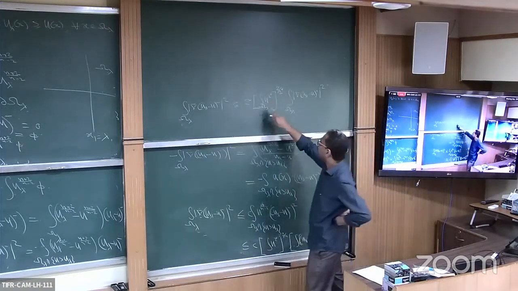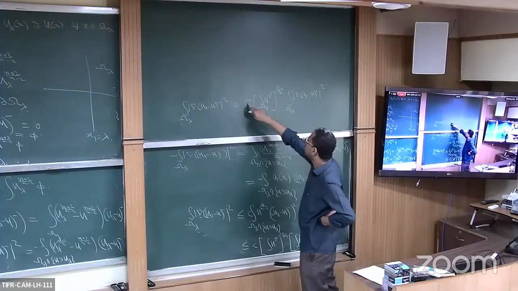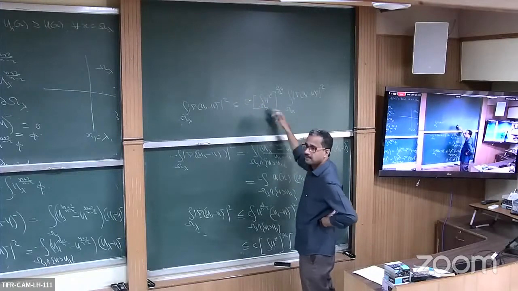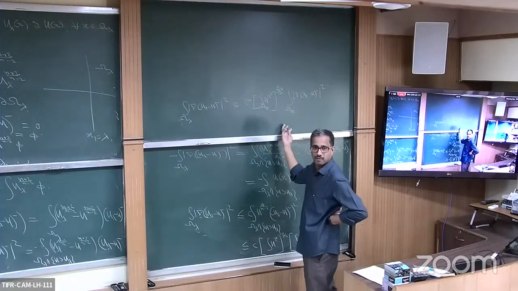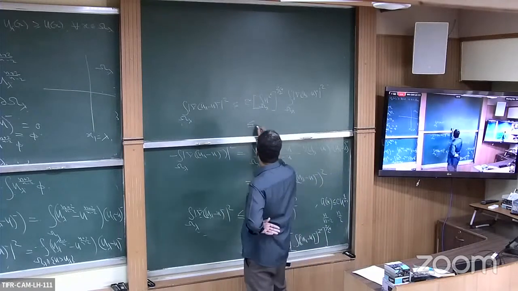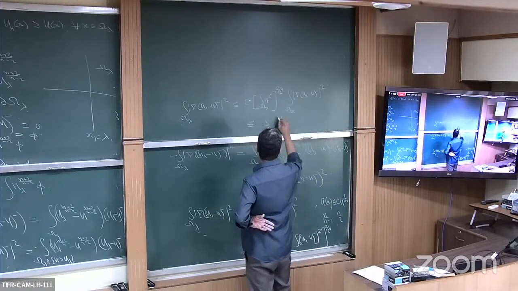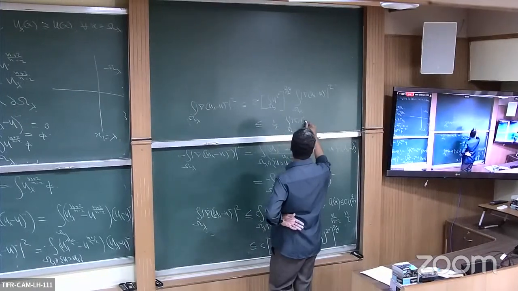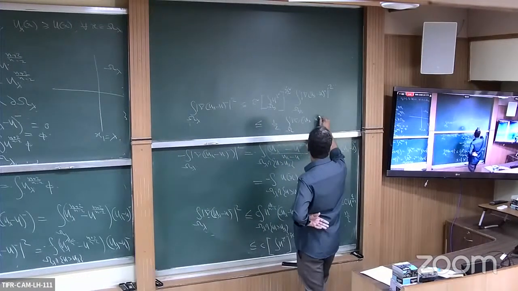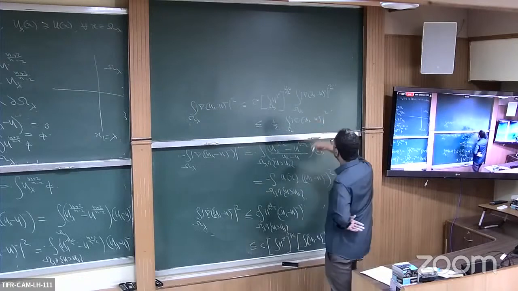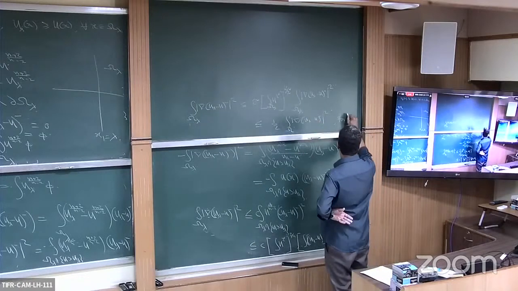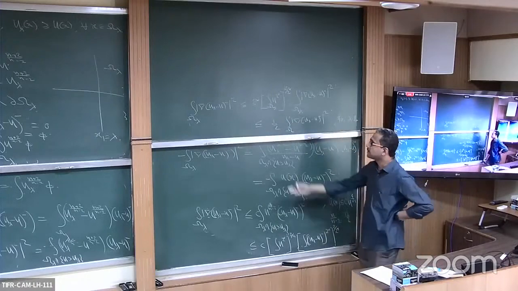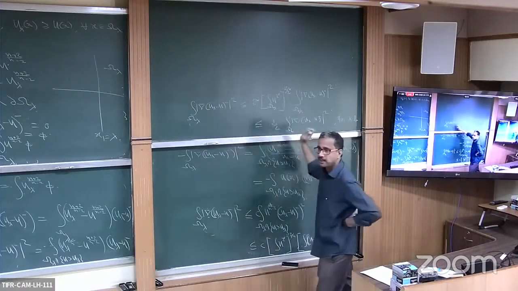So I can make this constant so small that c delta times the entire quantity is less than half. So I can make it less than or equal to 1 by 2 of the integral of the gradient of u lambda minus u minus. Now this implies that this has to be 0.